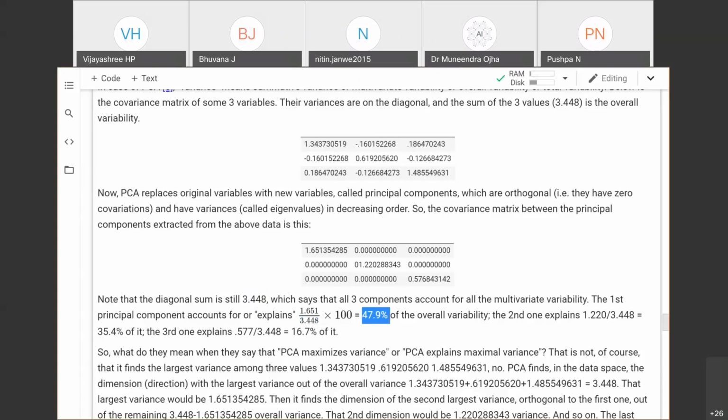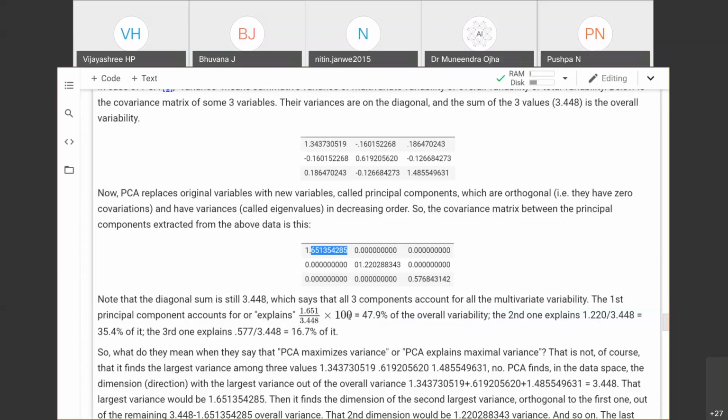So the first principal component explains 47.9% of the overall variability, or roughly 48% of the variability of the original data is due to the first principal component only.